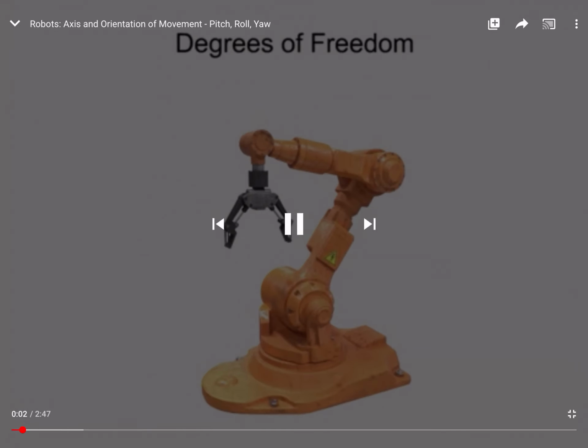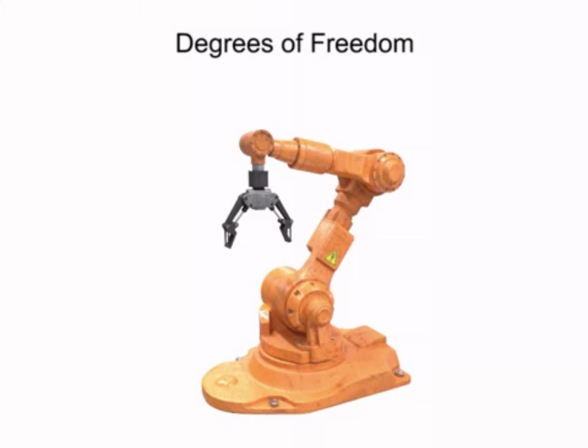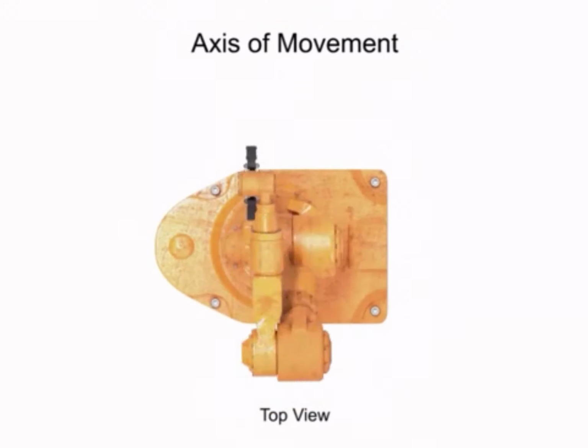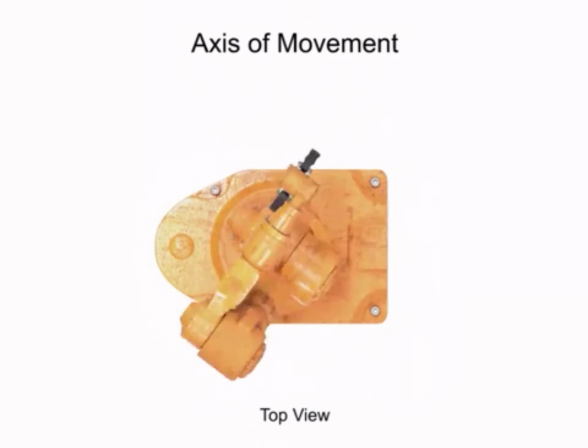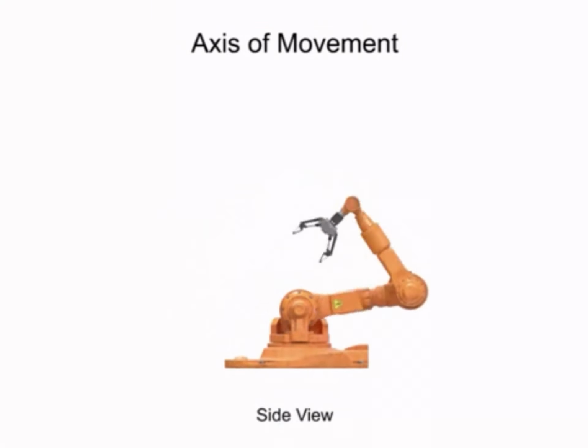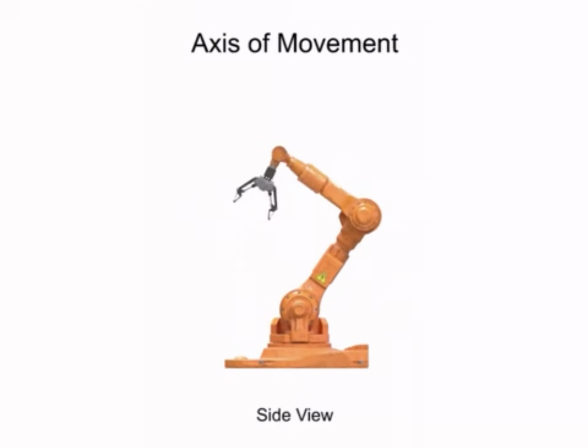Robots come in all different shapes and sizes, but are frequently classed by their degrees of freedom. Each direction of movement on the robot is considered an axis of movement. This robot rotates at the waist, bends forward and back at the shoulder, and moves vertically at the elbow.